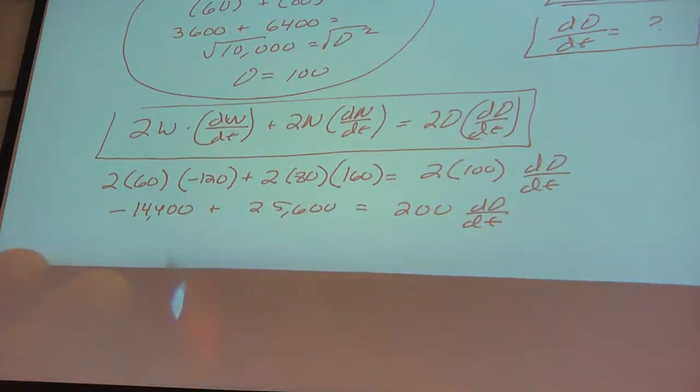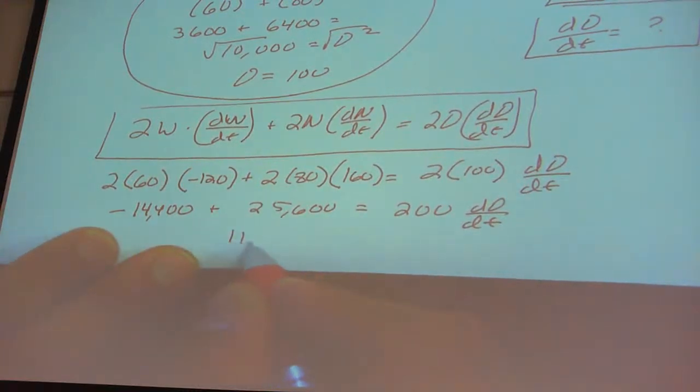Then negative 14,400 plus 25,600, 11,200 equals 200 dD over dt.